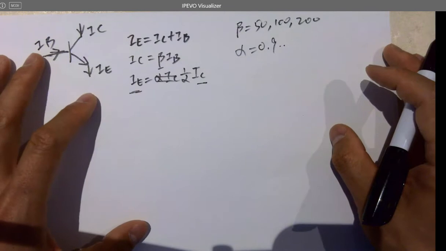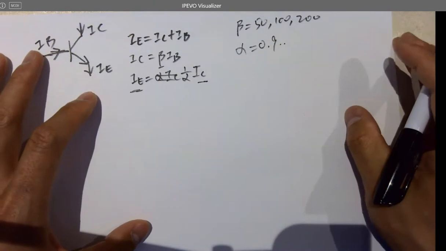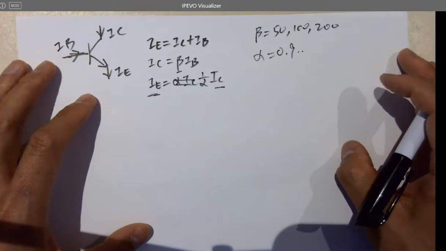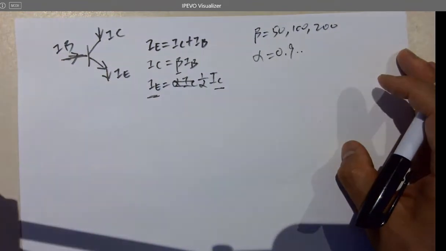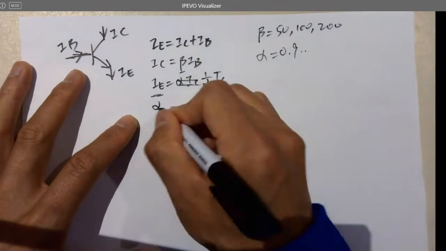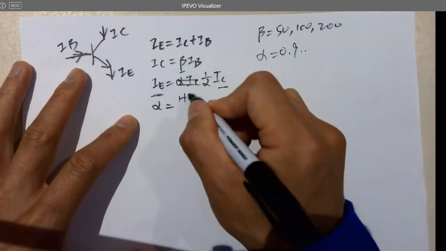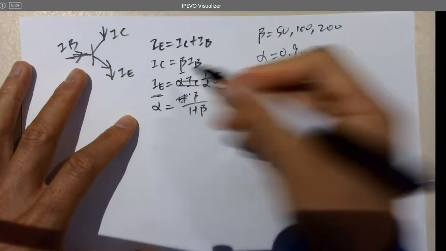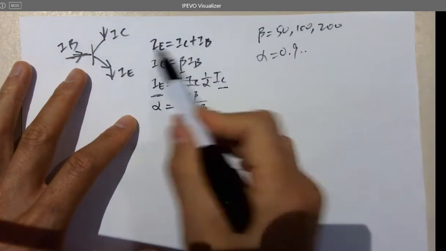And two more to make the calculation easier in the future. You don't have to go through this all the time, but you want to memorize it the first time, and then it's going to be easier in the future. Alpha equals beta over 1 plus beta. You can derive it from here and here.